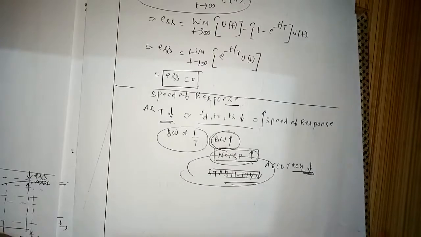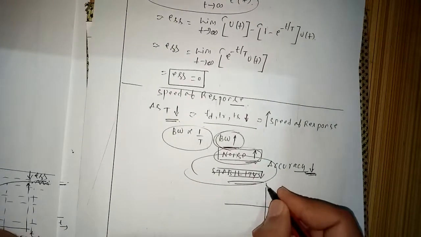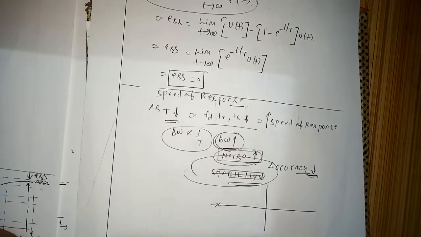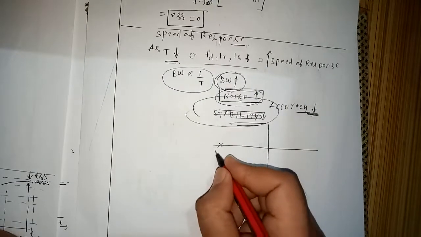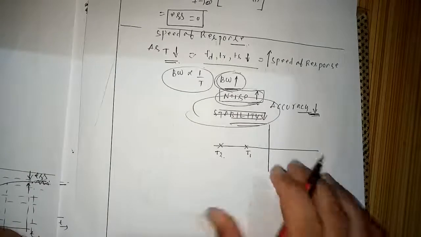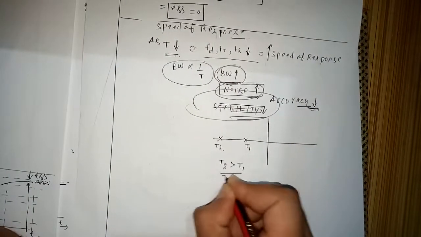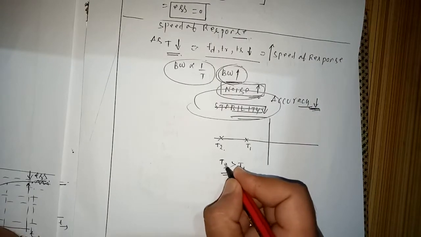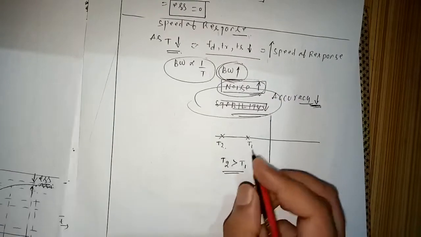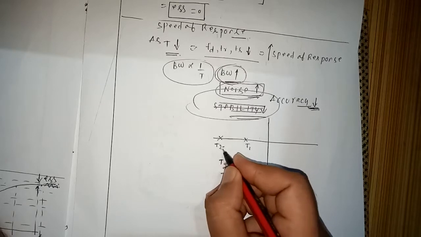Now how do we comment about stability? If the time constant has decreased, that is, poles are moving away. Say this is a time constant, this is T1 and this is T2. Now T2 is greater than T1, and this is nothing but the pole, which is inversely proportional to the time constant.